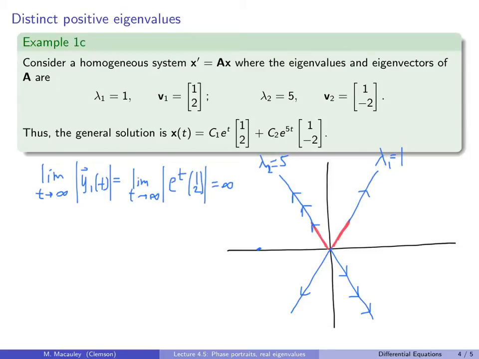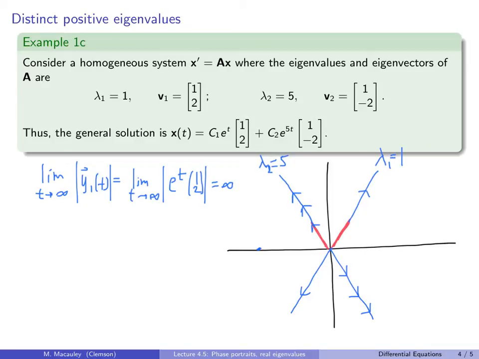But I like to start off here, and then as t gets larger and larger, this term is going to dominate, and this one's going to be negligible because e to the 5t grows a lot faster than e to the t. That means in the limit, my curves are going to be in this direction along this eigenvector rather than along this eigenvector. So this is the dominant direction.